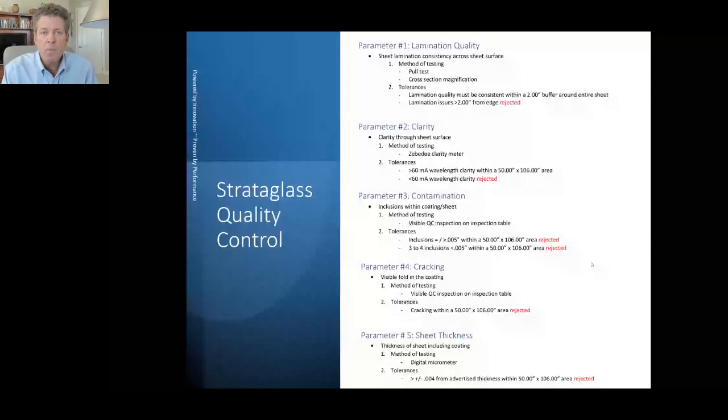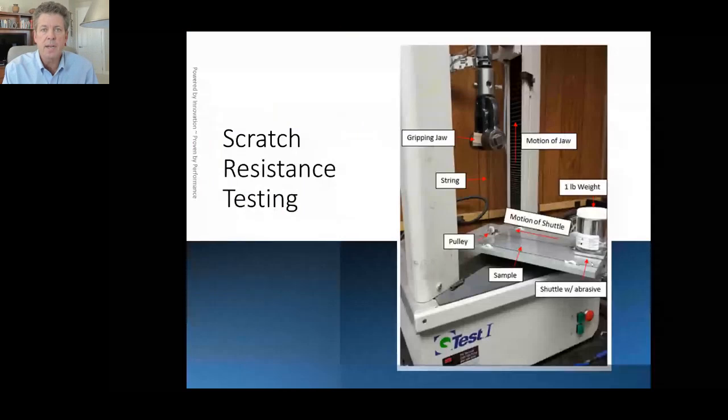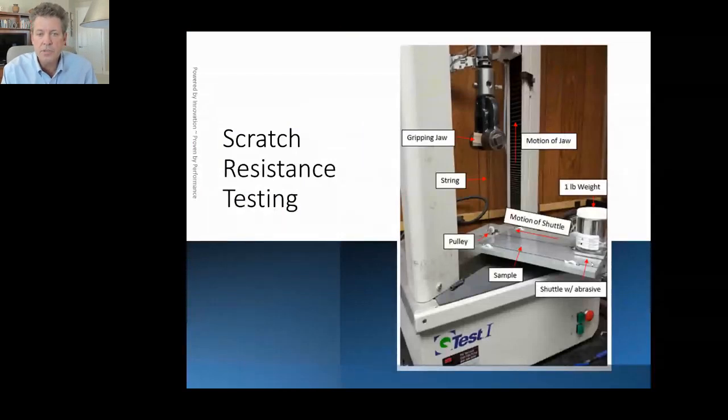So why Strataglass? We feel like we have the best scratch-resistant product on the market. And several years ago, we put that to test, and we had our guys at Herculite put together an in-house testing procedure where they take a 1 pound weight and they put it on a shuttle with a piece of steel wool, and they scratch or basically rub the steel wool over the product several times to see how it affects the coating.